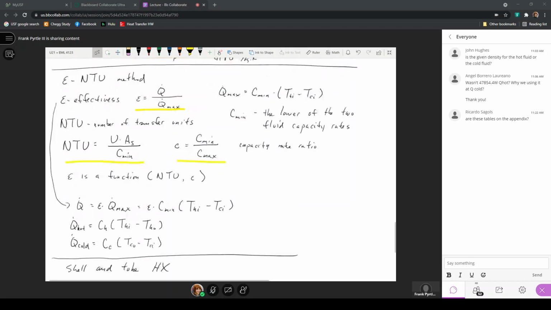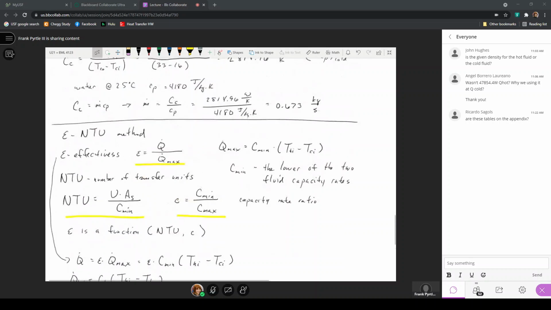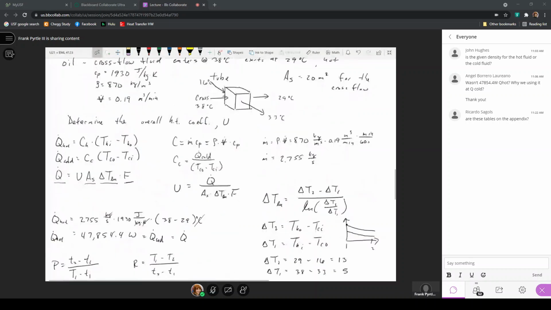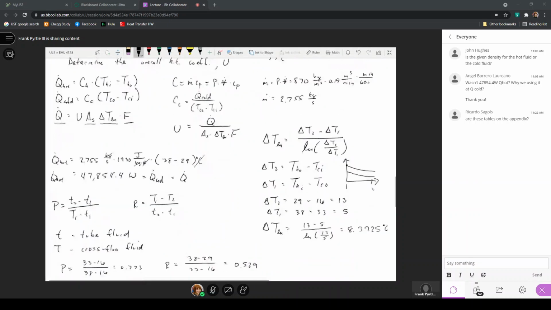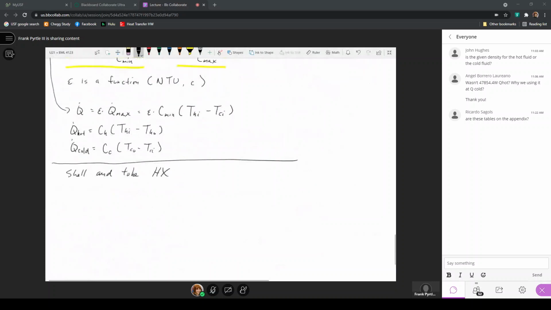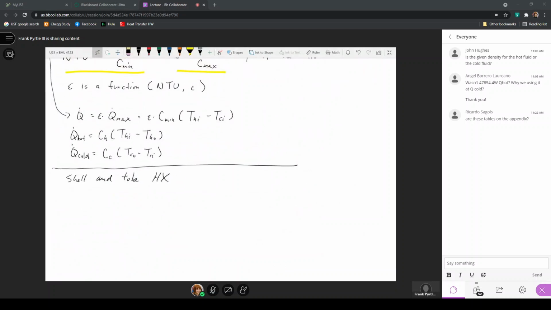So it's just a little variation from the previous problem. We used a log mean temperature difference method with a known surface area, and we sought to find the overall heat transfer coefficient. For this one, for a given overall heat transfer coefficient, how do we get the surface area? This shell and tube heat exchanger has 2 shell passes and 8 tube passes.